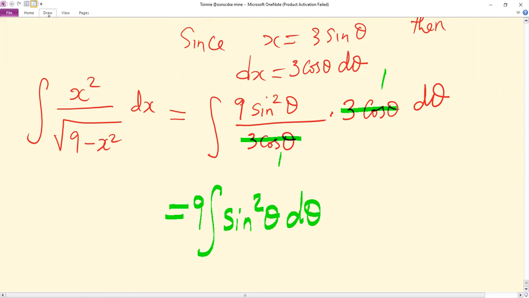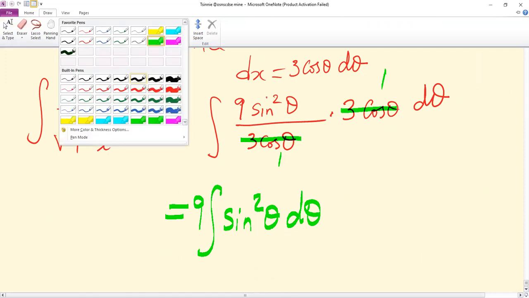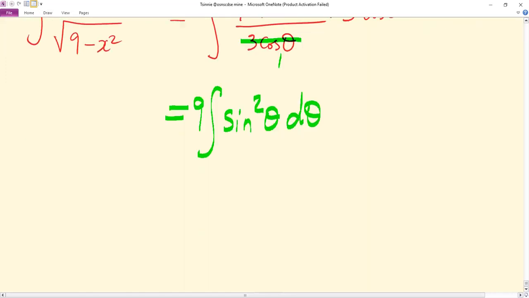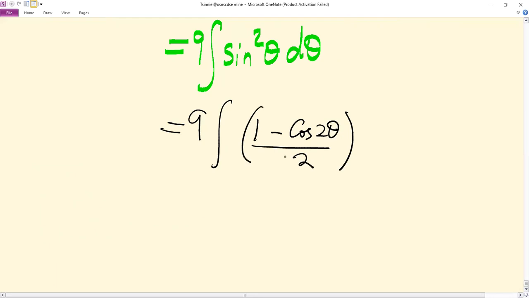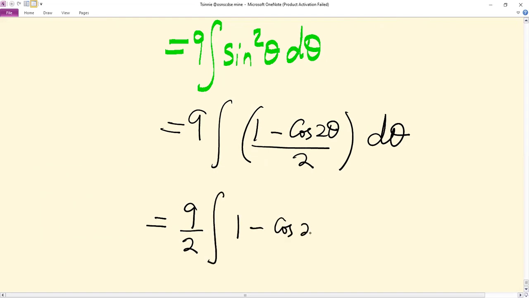And from our earlier discussion, to integrate sine squared theta, we use the identity 1 minus cos 2 theta over 2, d theta. Now we can factor out the half, so we have this integral as 9 over 2, integral of 1 minus cosine of 2 theta d theta.